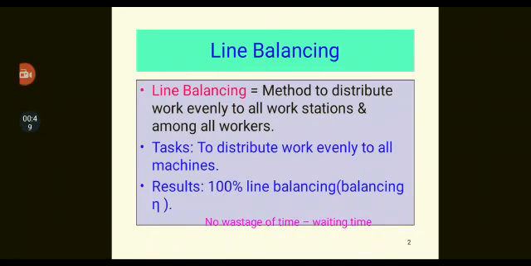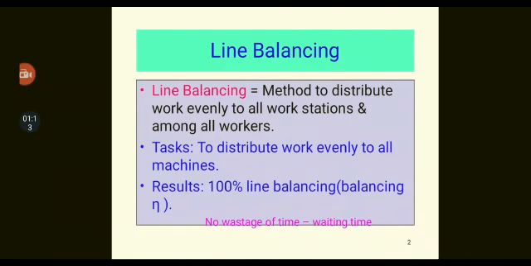For example, any automated assembly line consists of two or more workstations or two or more workers. Hence, even distribution of work is to be done. That is nothing but line balancing.